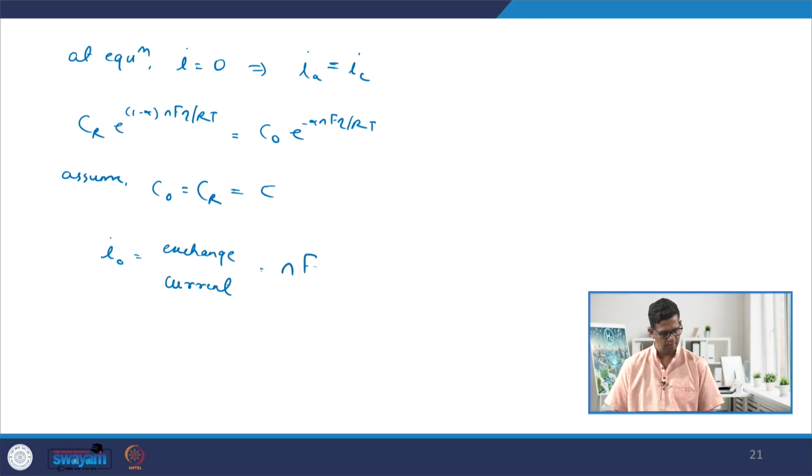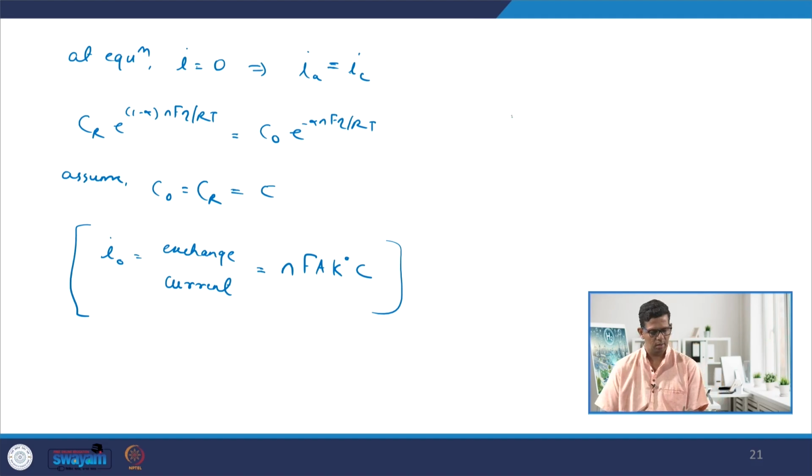which is nFAk0C, right. So this is the exchange current. If I divide this by the area A, I get the exchange current density. So that is your exchange current. In other words, if you are drawing no current from the fuel cell or electrolyzer, we assume that there is some current flowing across the interface of the electrode on one side only.